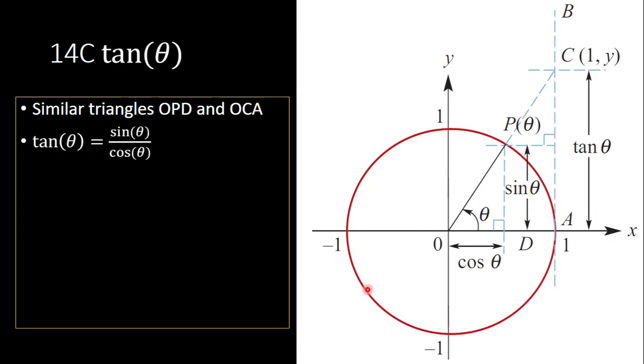So if we apply the ratio from inside this triangle, so sine theta over cos theta, it's going to be AC over OA, but because OA is equal to 1, that ratio AC is also equal to sine over cos. And that's the definition of tangent. So graphically, if you draw a tangent line and you extend that line, that vertical measurement is your tangent.